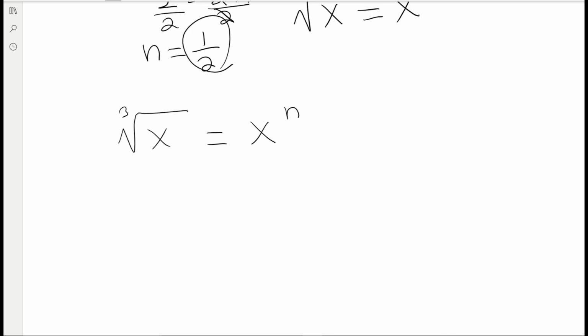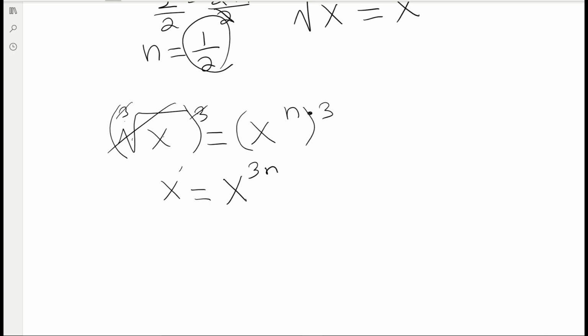All right, well, we're going to do the same process here. Since we got a cube root here, the only way to get rid of it is if we have a cube. So we're going to go ahead and cube both sides. And so now we got x cubed to the cube root. These match so they can cancel. So we have x equals, and then we got to multiply these two exponents together. So that's going to be x to the 3n.